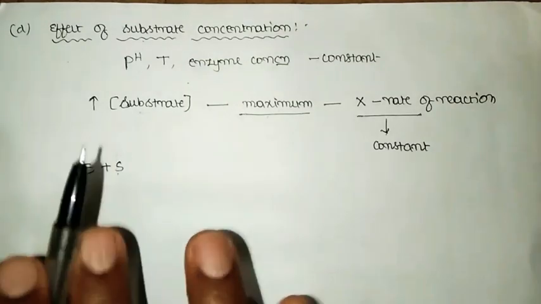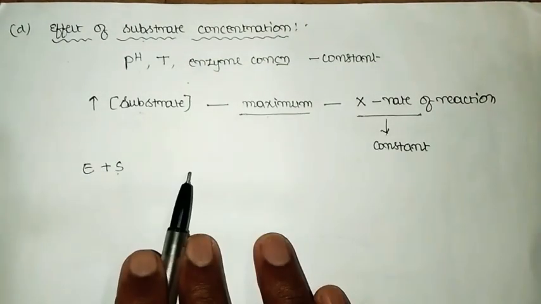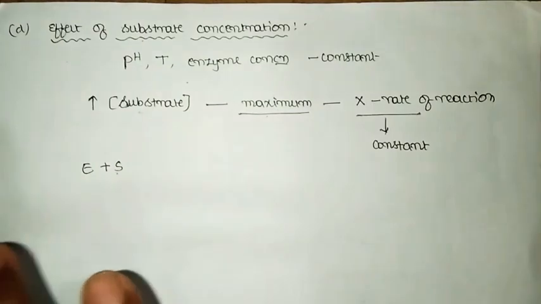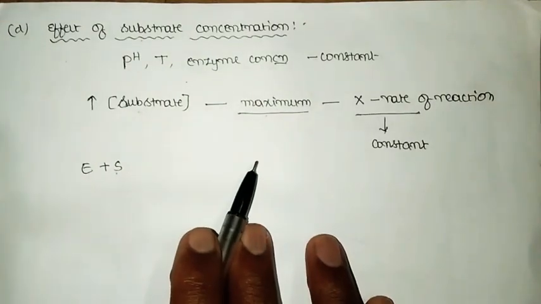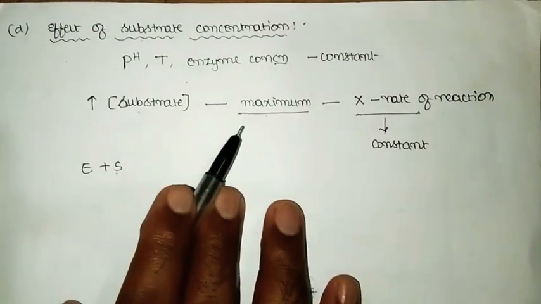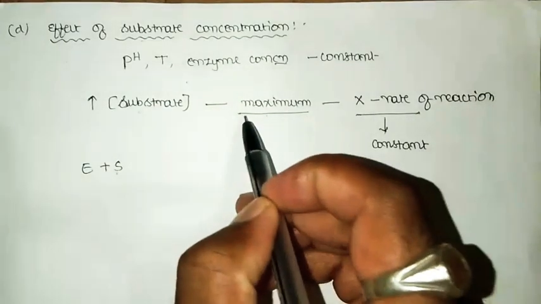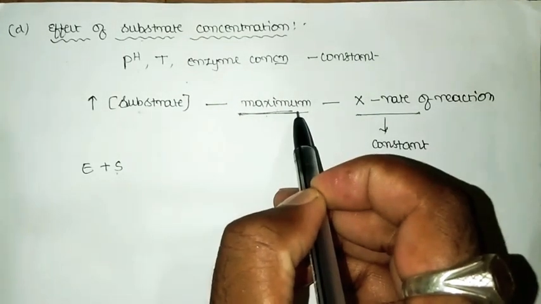This occupation will continue once all the active sites of the available enzyme are completely filled with the substrate molecules. Then that stage will be the maximum velocity.